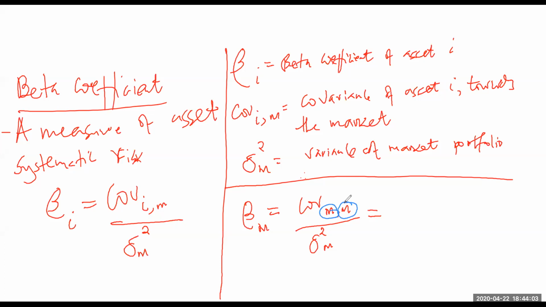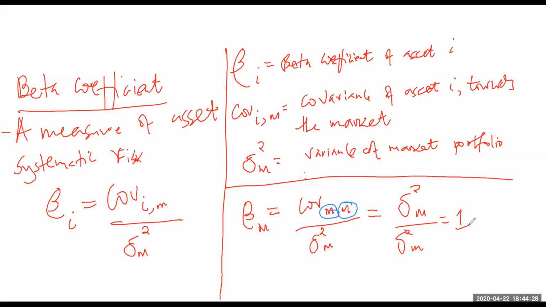Covariance of an asset towards itself is the variance of that particular asset. So this is therefore the variance of the market, and we divide by the variance of the market. Of course, this will give us 1. Therefore, the beta coefficient of the market portfolio is always equal to 1.